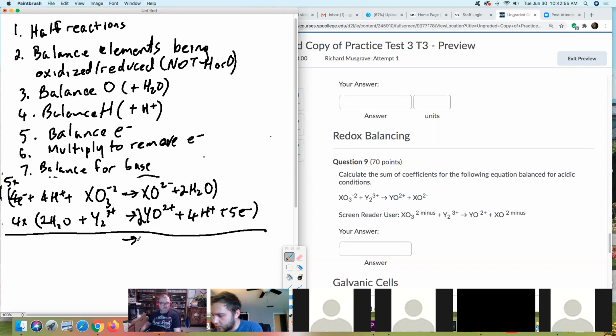The 5 and the 4, the multiplier, which one are we trying to balance out more? Well, we have 4 electrons on the top reaction and 5 on the bottom. The only way we can even those out is to make it 20, 4 times 5. So that's why I multiplied the top one by 5 and the bottom one by 4. Okay.